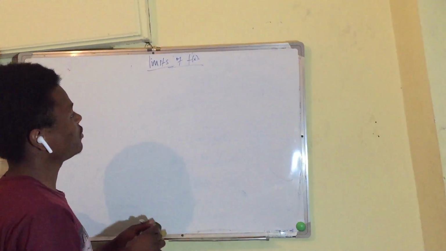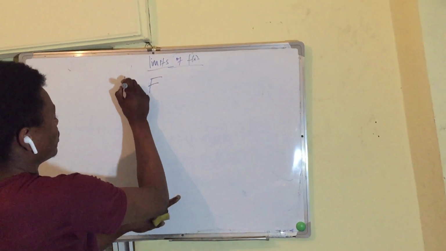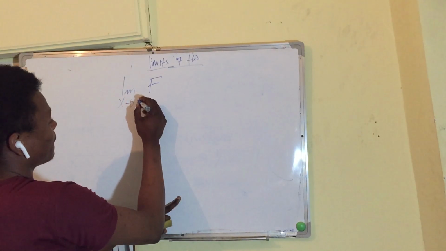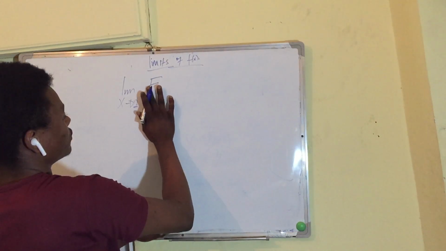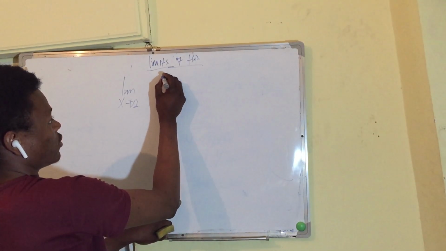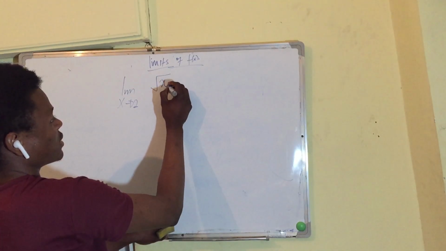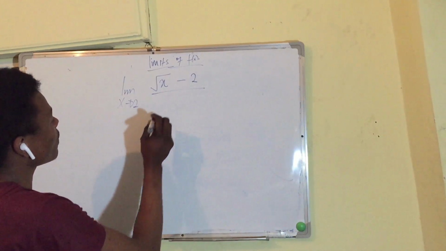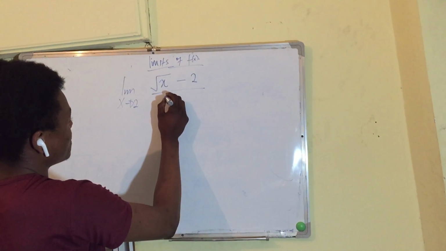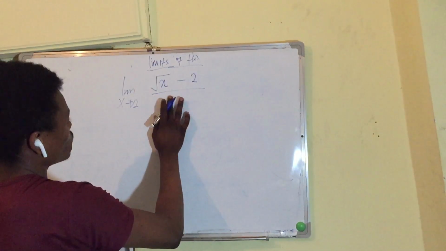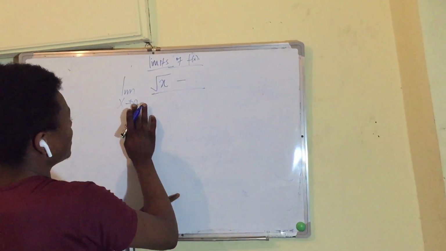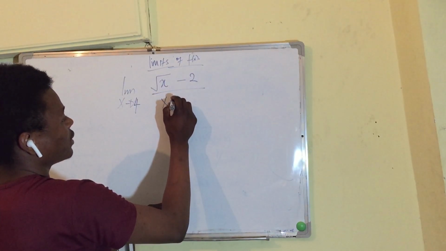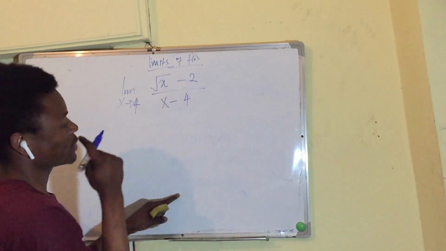Let us find the limit of, for example, the limit as x approaches 4 of the root of x minus 2 all over x minus 4.